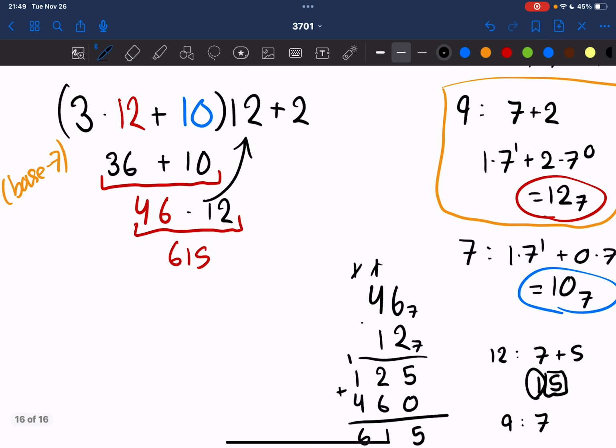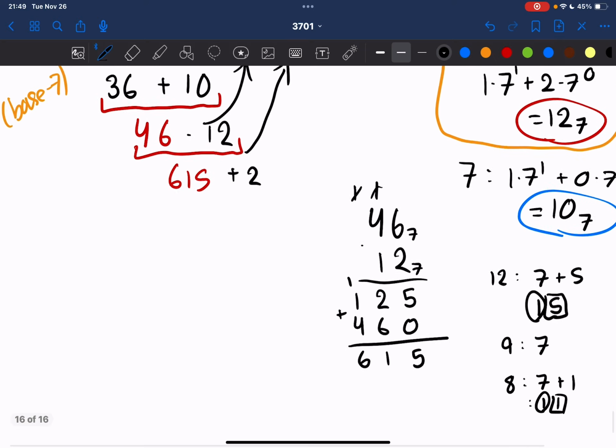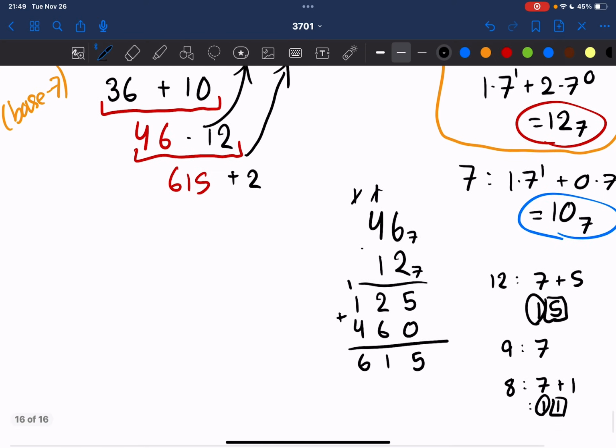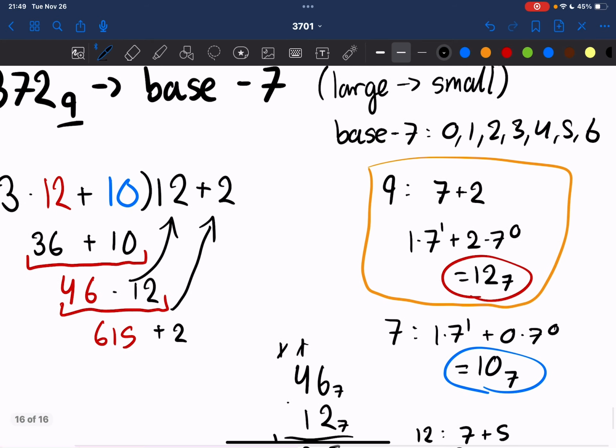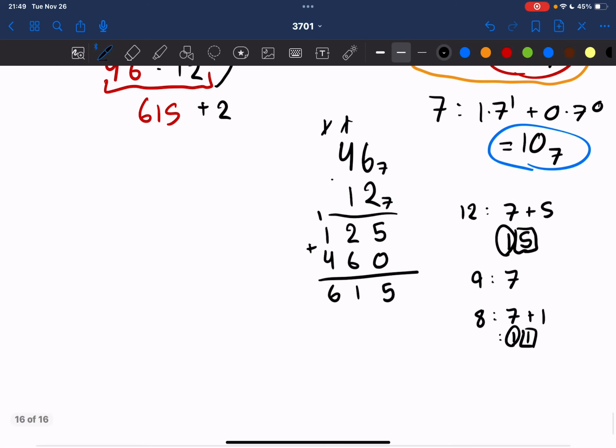Then lastly, we add the 2. And what's 615 plus 2 in base 7? You might want to say 617, but again, it's not going to be 617 because we don't have 7 in our base. So we're going to have to do that here. So what's 615 plus 2? Well, 5 plus 2 in base 7 is going to be what? It's just going to be 7.